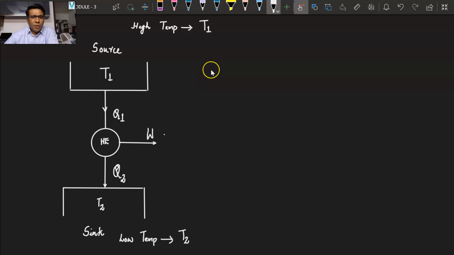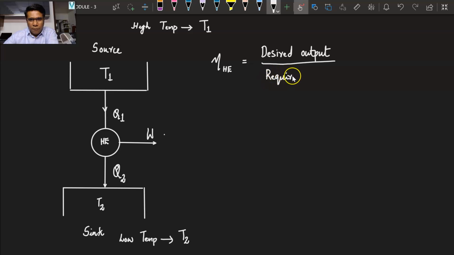Now, the efficiency of a heat engine. Efficiency is always represented by the desired output by the required input. This is a standard efficiency statement.